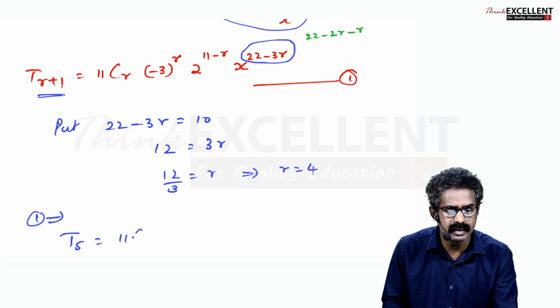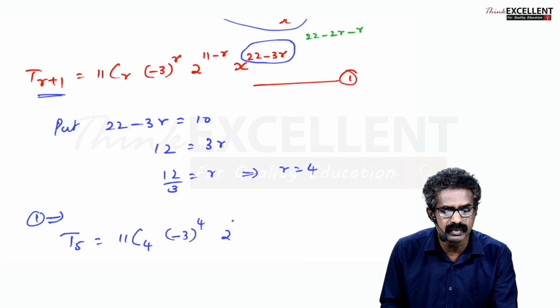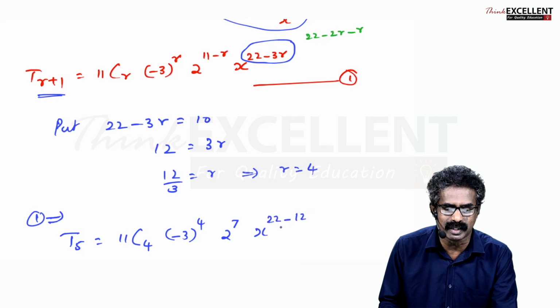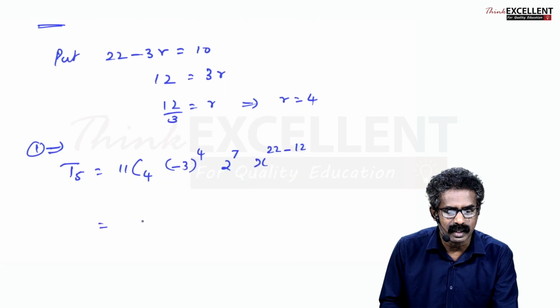Listen, r you are giving 4, so t5 is equal to 11C4 minus 3 raised to 4, 2 raised to 11 minus 4, 7, x raised to 22 minus 4 into 3, 3 fours are 12. Definitely you will get x raised to 10 only, right? Okay, now listen, 11C4 minus 3 raised to 4, so it became plus only.